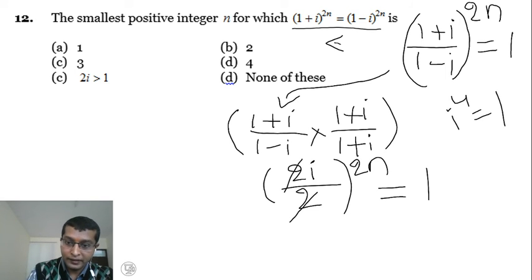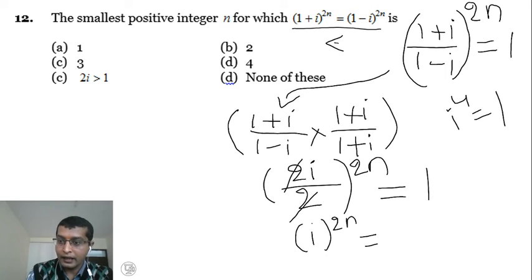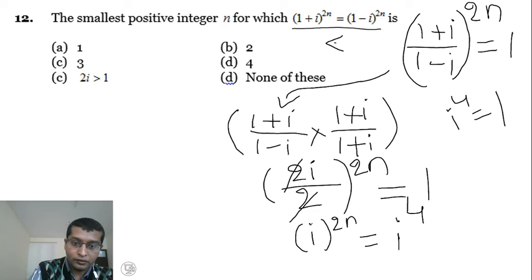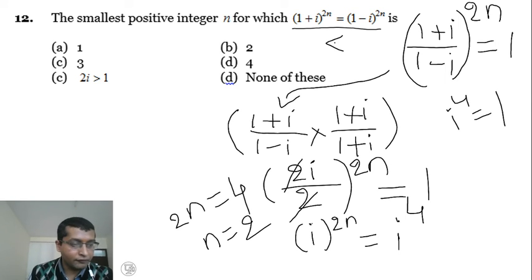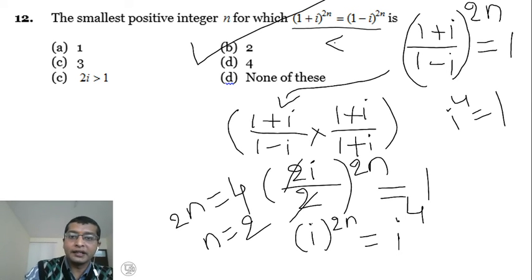So what I do is write i raised to 2n, and 1 we take as i raised to 4. Now bases are the same, so we can equate the powers. So 2n equal to 4, therefore the value of n equals 2. Therefore option B is the right answer.